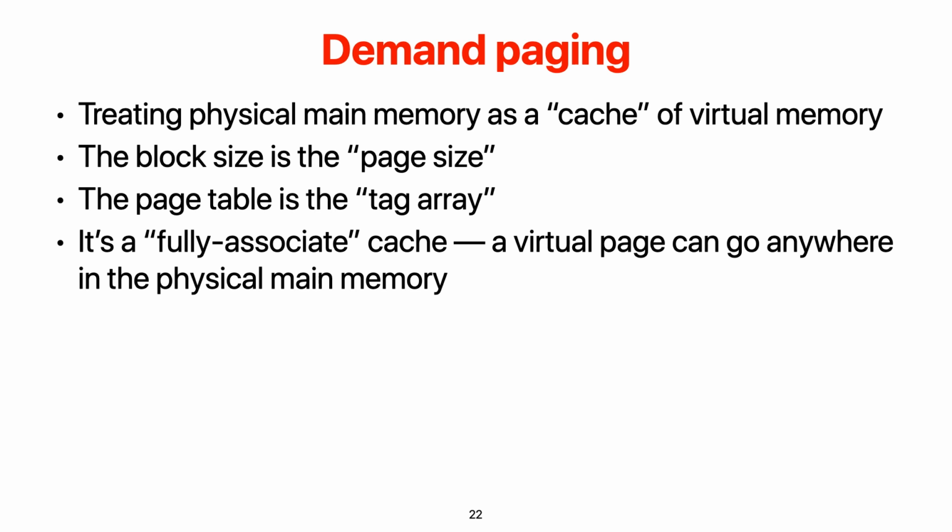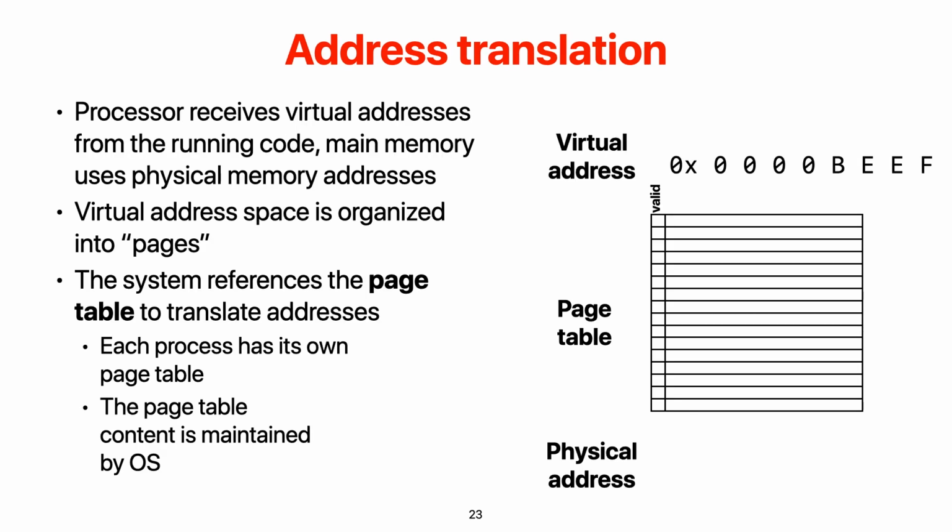However, what's different from the cache is that the DRAM itself doesn't have additional hardware to store the page table. The page table is a software data structure that's maintained by your operating system.